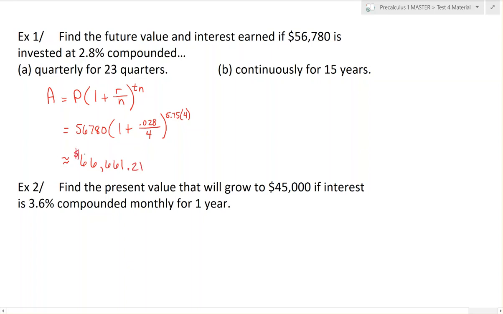The number goes on in your calculator. Just make sure that you round it appropriately. Since we're dealing with money, we'll round it to the hundredths place, so that would give us the cents.